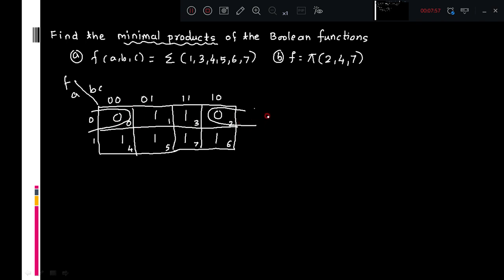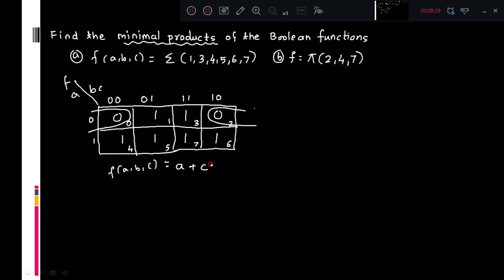If I group these two, and write the solution f(a,b,c) in terms of minimal products or product of sums, here a is 0, which I should write in complemented form as a, and here b is changing from 0 to 1, neglect, c remains 0, so again write c in complemented form: a plus c.